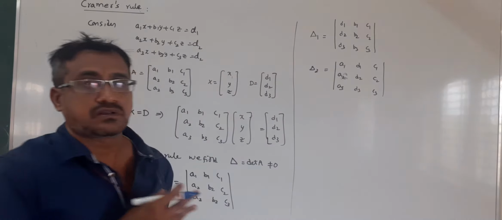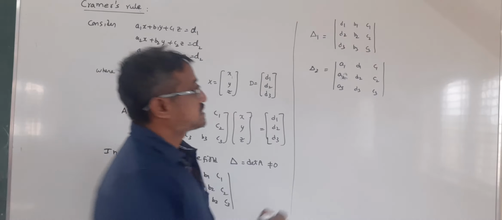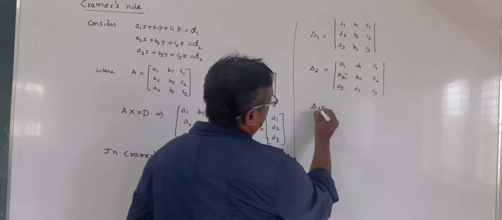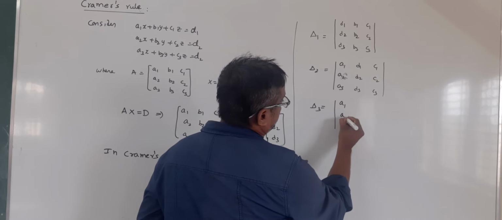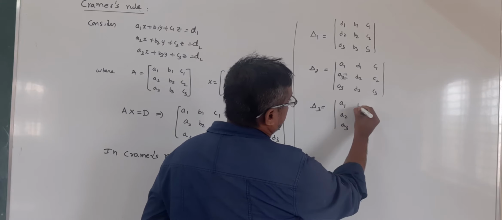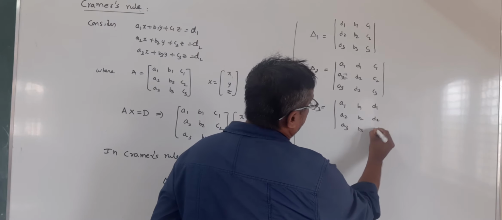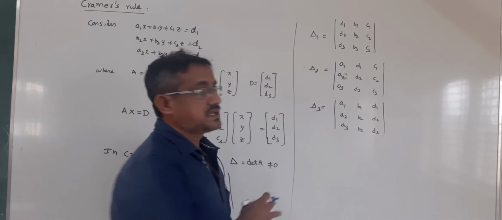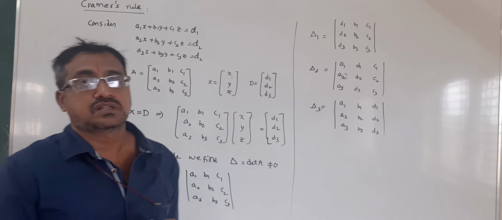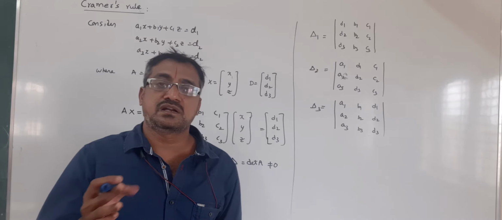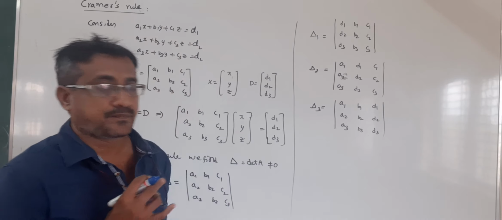That means you have to replace the second column with the constant matrix. And you have to find delta 3, that is the determinant of a1, a2, a3, b1, b2, b3, d1, d2, d3. That is, you replace the third column with the constant matrix. In this way you need to find delta, delta 1, delta 2 and delta 3.